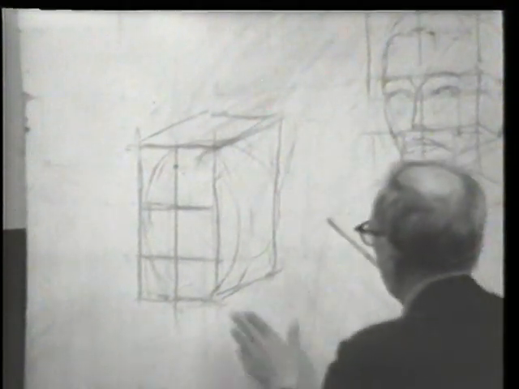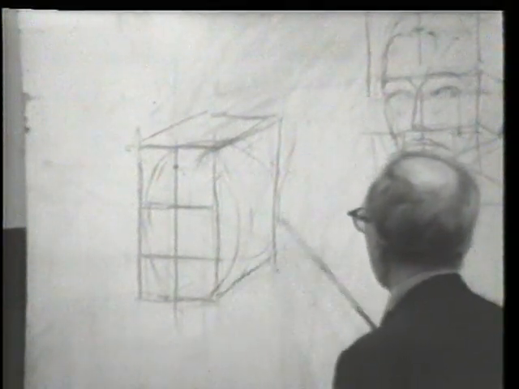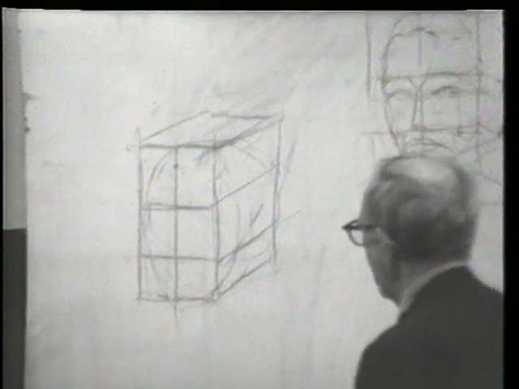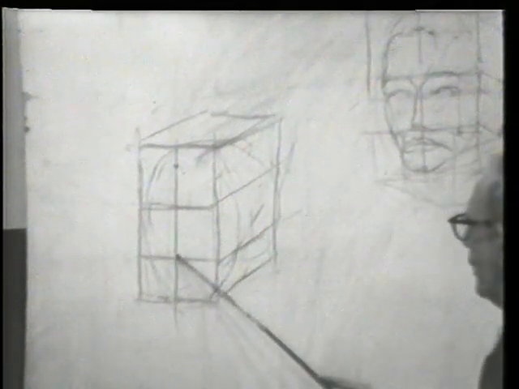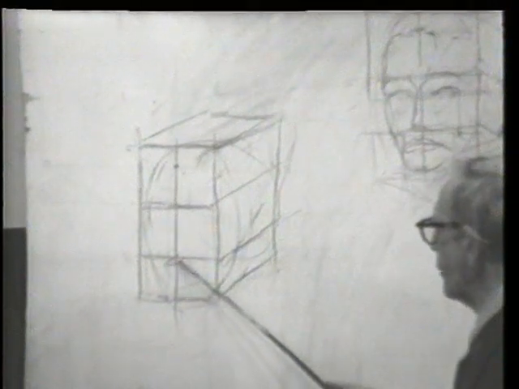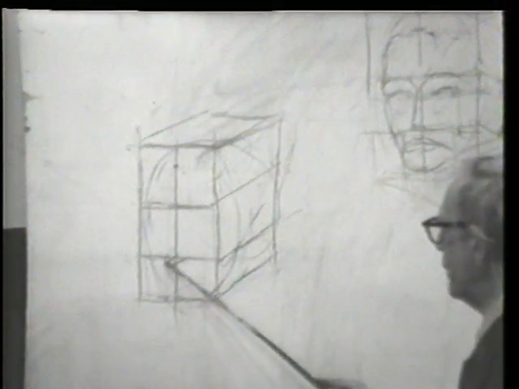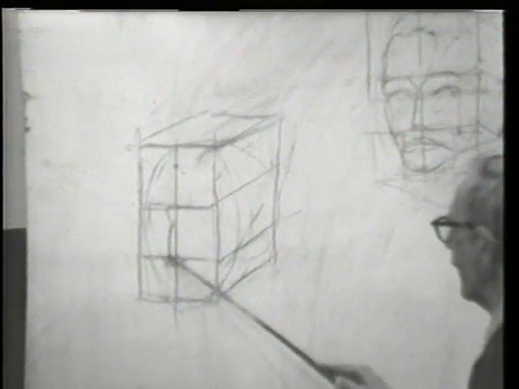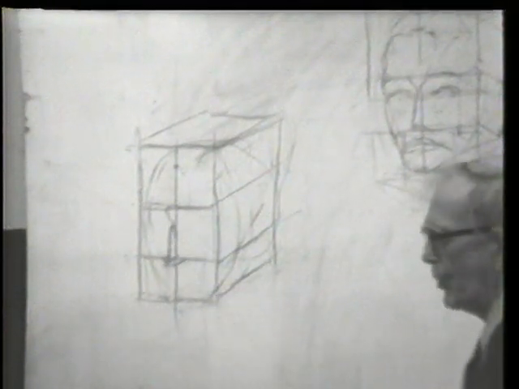There's your depth line. Now, the nose, you see, we come out on the depth line, and we're looking down on the triangle now. But at least if we come down like that and go down like that, we get the nose in the right position.